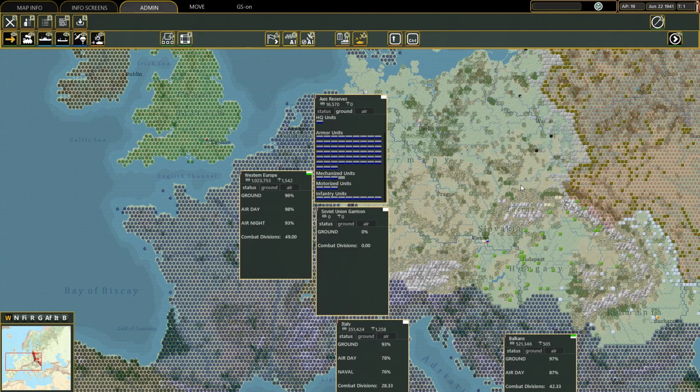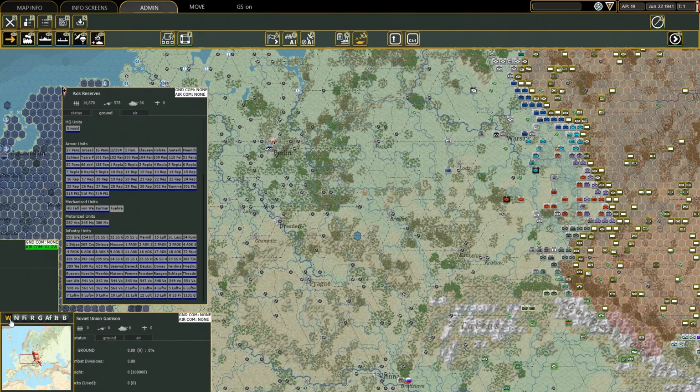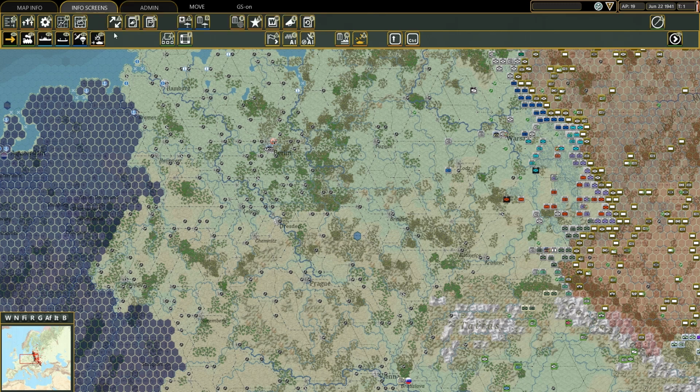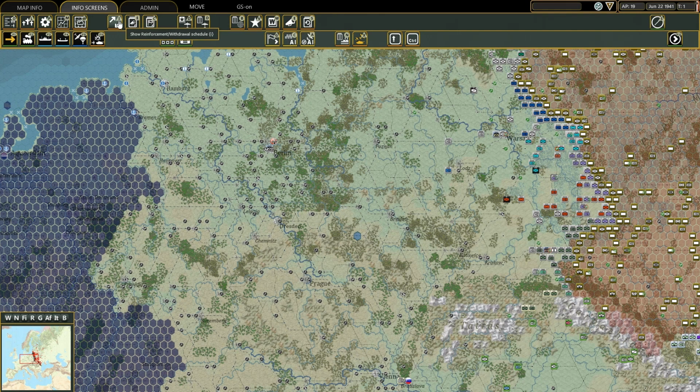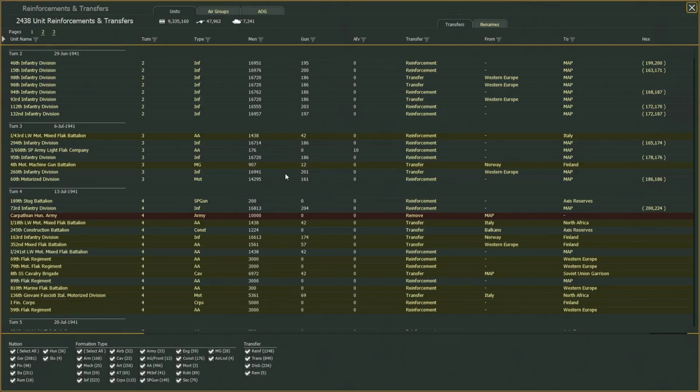And if you want to have an idea of this exchange and movement of units, you can go on this sheet, show reinforcements withdrawal turn schedule. Sorry, schedule. No, not schedule.